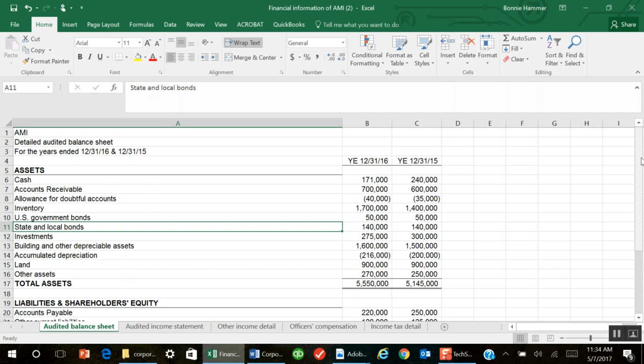If they were a public company, which AMI is not, it's a closely held company owned by two individuals. So we know it's not a publicly held company that has to report to the Securities and Exchange Commission every year.